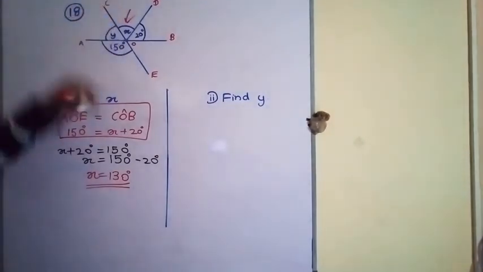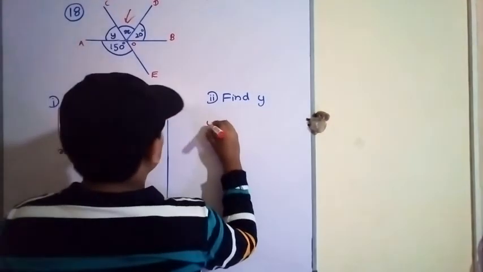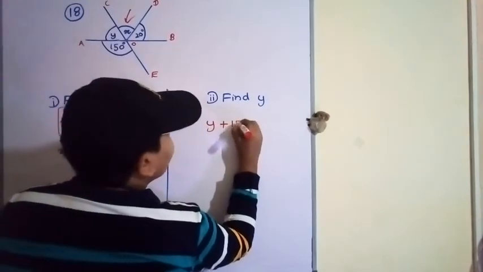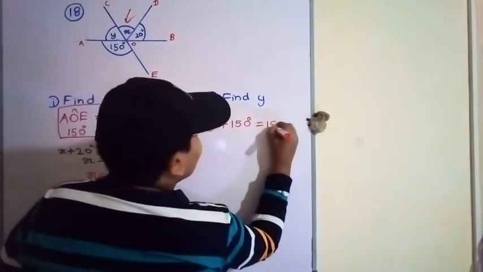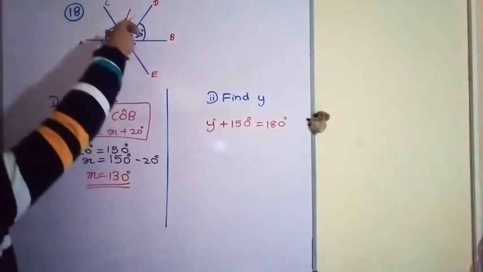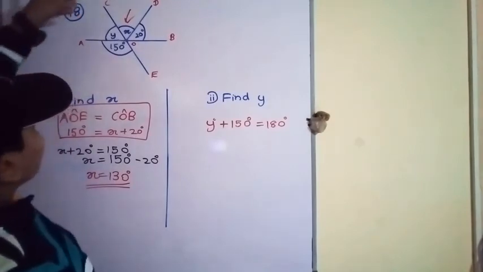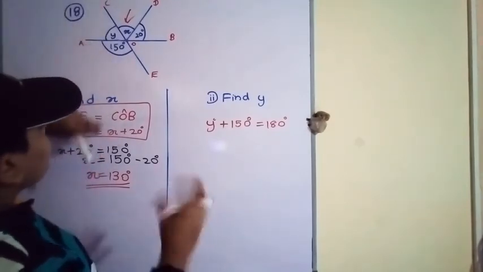These two are vertical. Y also. You look, y plus 150 means 180 degrees. COE is a straight line, divided into COA and AOE like that.